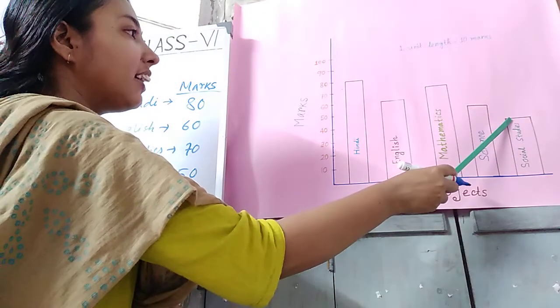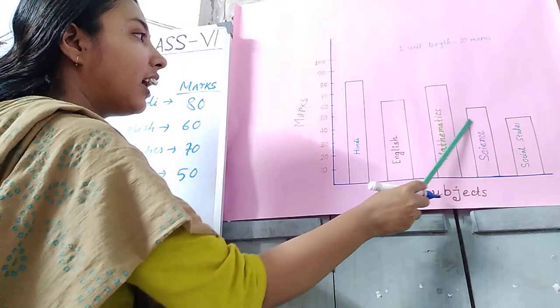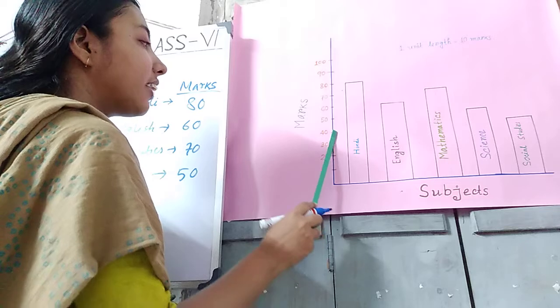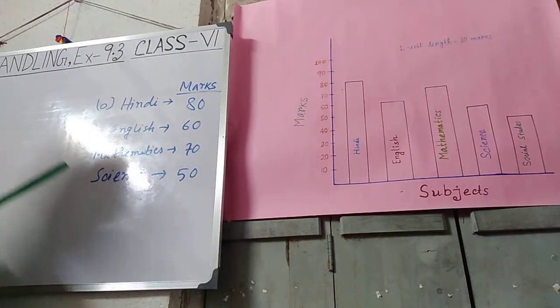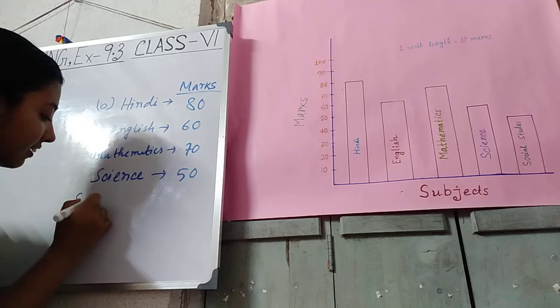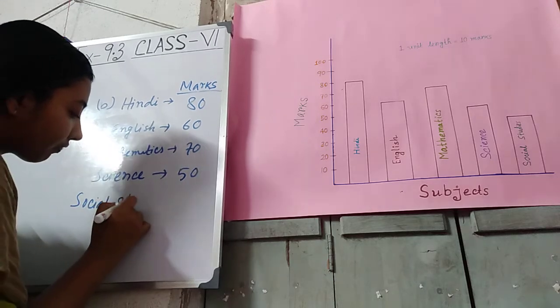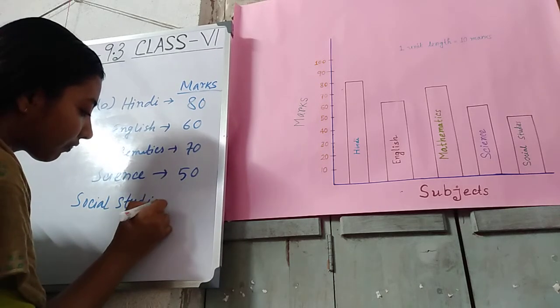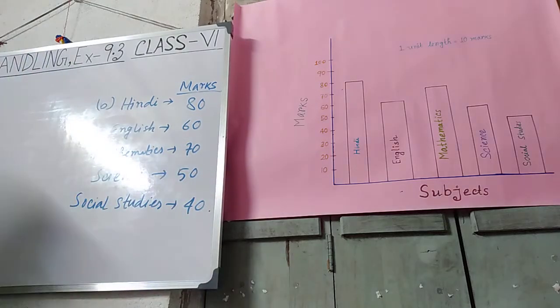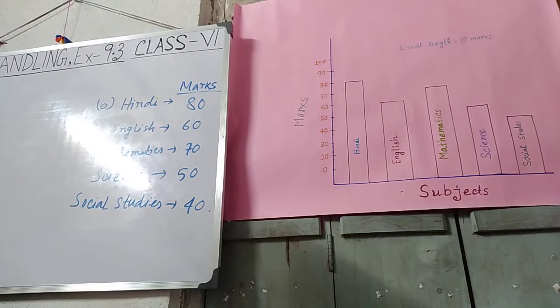From bar we can say that the marks obtained by Aziz in social studies is what? Yes, 40. So in social studies marks will be 40. So question number 3 is also completed.